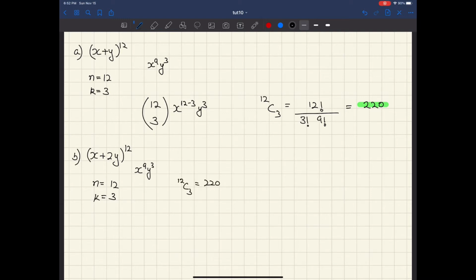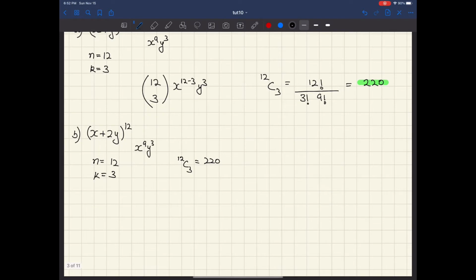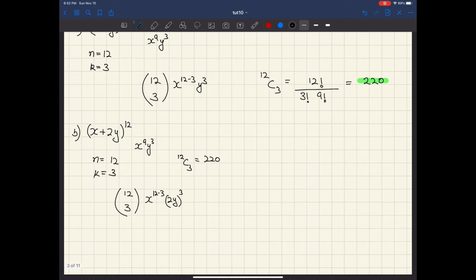The only difference between this and the above problem is y has a 2 attached to it. So the expansion would be 12C3 x to the power 9 (2y) to the power 3. All we need to do is multiply 220 by 2 to the power 3, which is 8. And that will give us the coefficient, which is 1760.